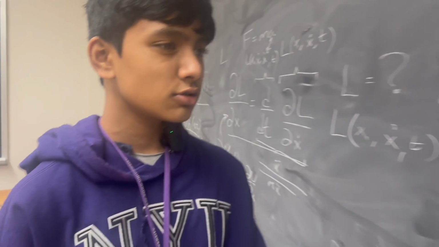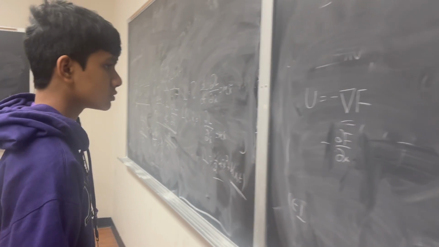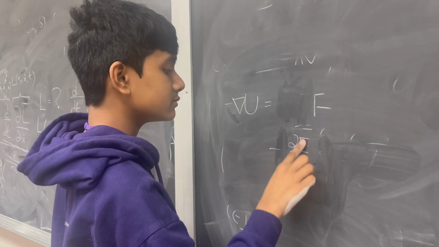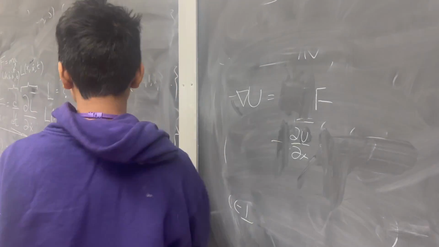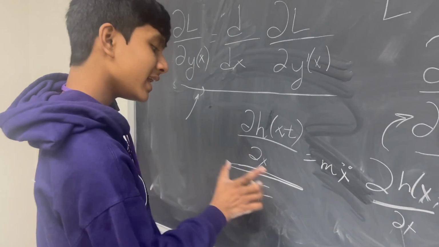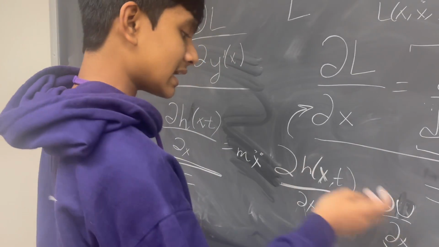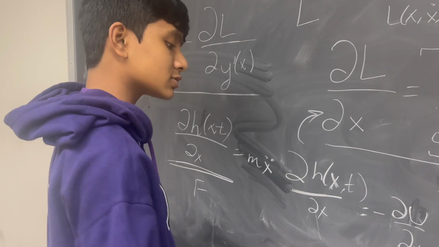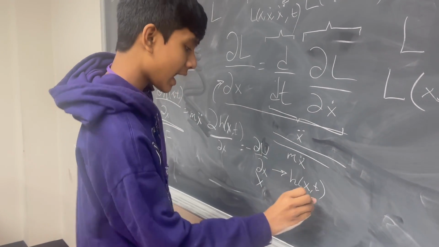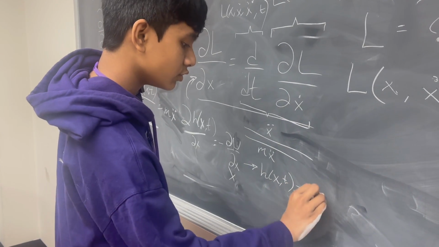Let me just make sure. Oh, crap. Force is the negative gradient of potential. I'm so sorry. So, this has to be f, so this has to be equal to negative partial u partial x, which means, of course, this function right here has to be equal to negative u.